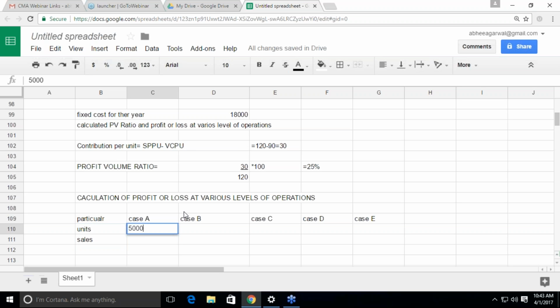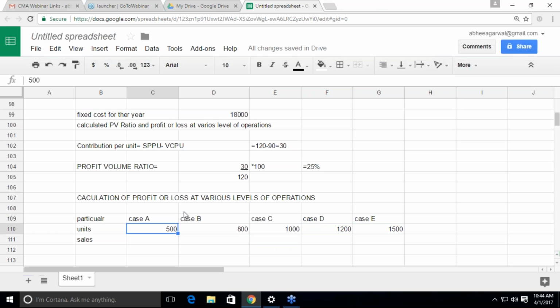Let's say case A 500 units, then case B 800 units, 1000 units, 1200 and 1500. I'm just assuming different levels of production and operations. These are the different scenarios.